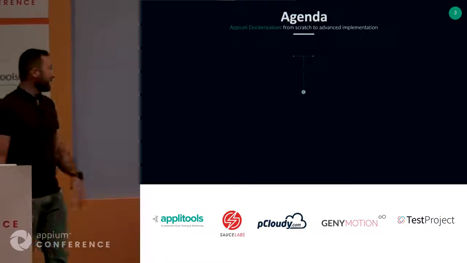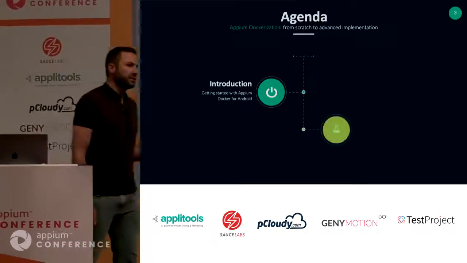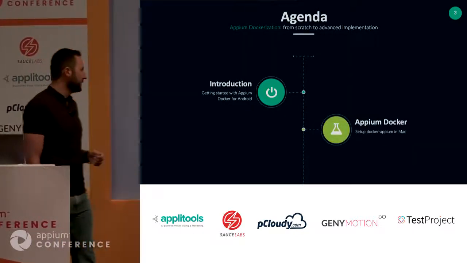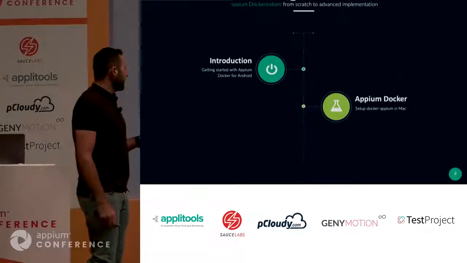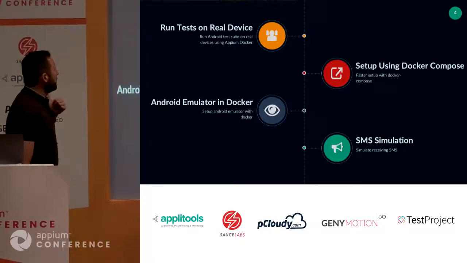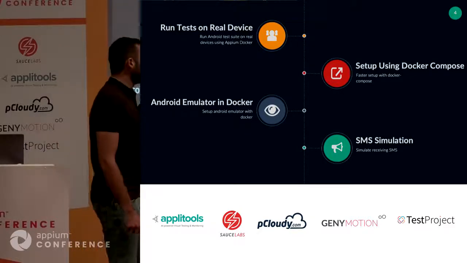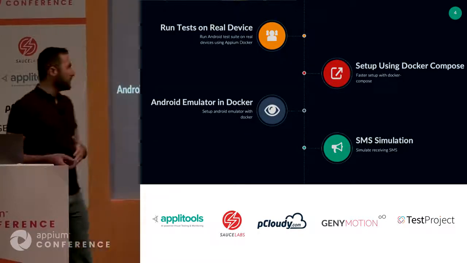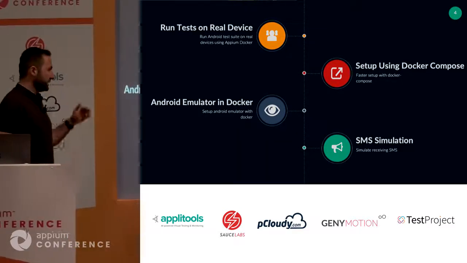Today's agenda: we'll talk about a bit of introduction, why we actually need this, what is the purpose of doing this stuff. We'll get familiar with the Appium Docker. We'll run tests on a real device using the Dockerized Appium server. We'll set it up with a Docker Compose file to make it easier. Then we will use an Android emulator inside the Docker.